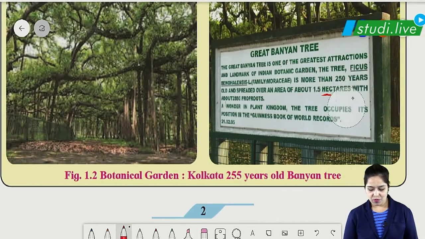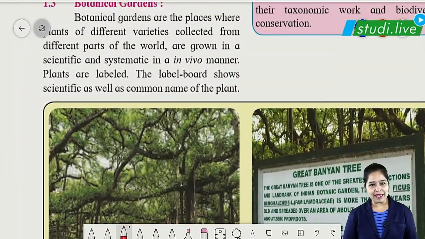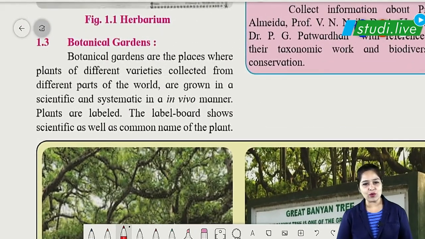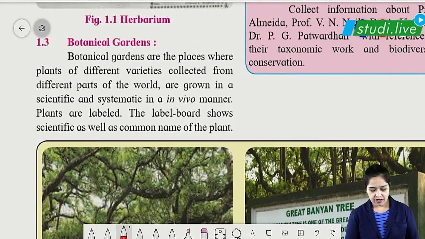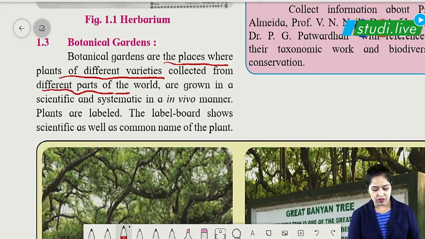So what is there in a botanical garden? As the name suggests, it is going to contain only plants. These are places where plants of different varieties are collected from different parts of the world.